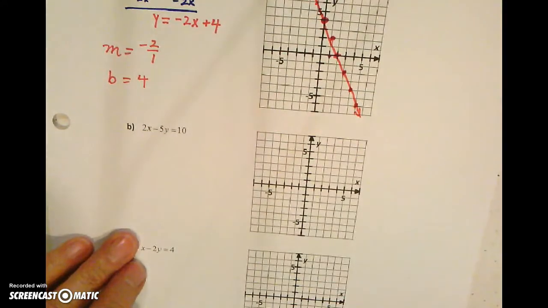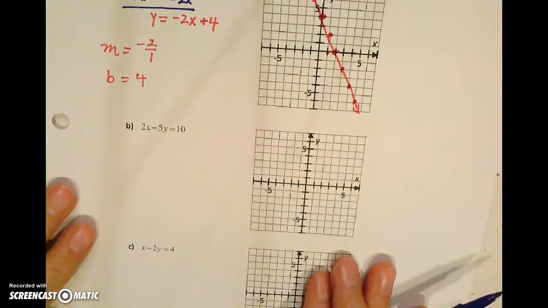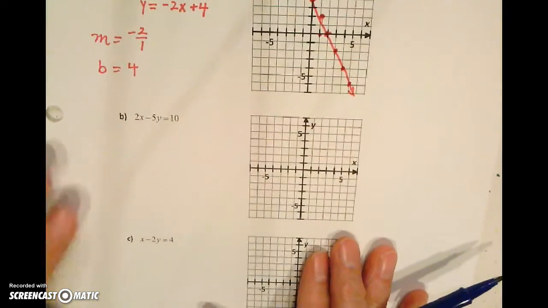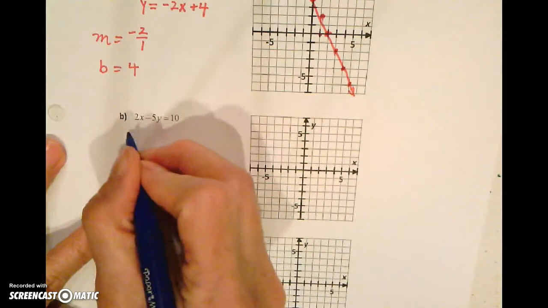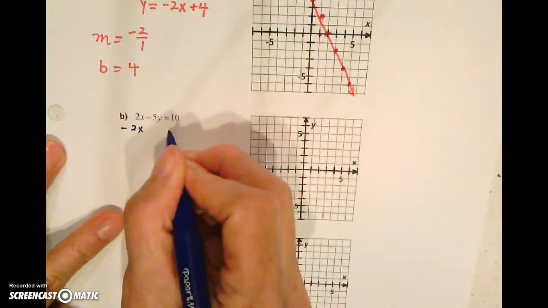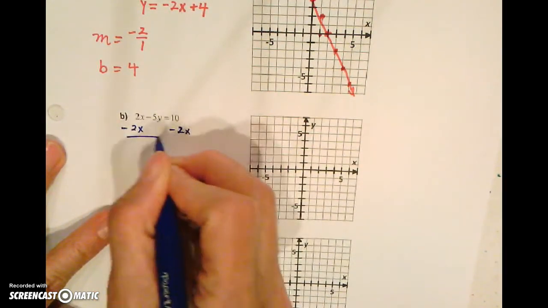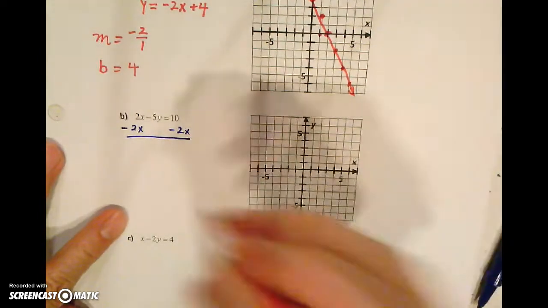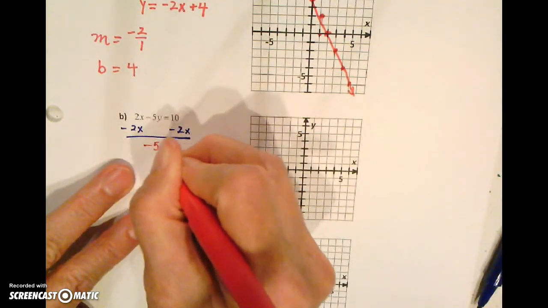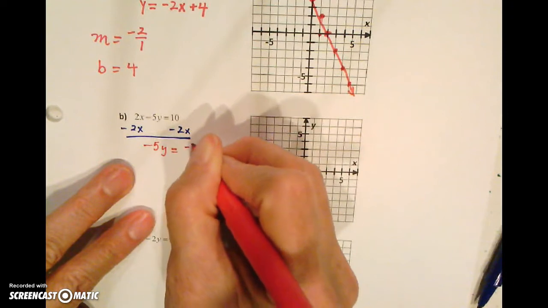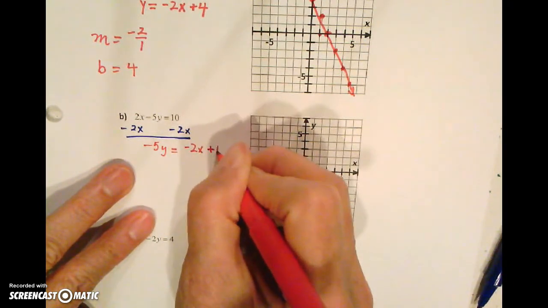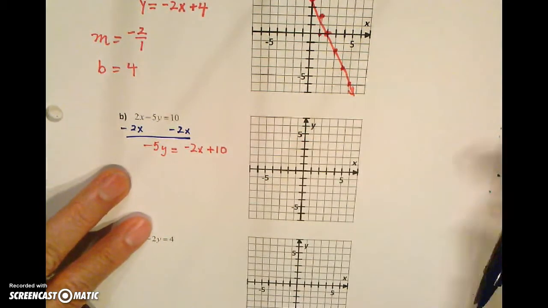B, I have 2x minus 5y equals 10. And again, I want to solve it so it's y equals. So I'm going to subtract 2x first from both sides. And that's going to leave me with negative 5y is equal to negative 2x plus 10.